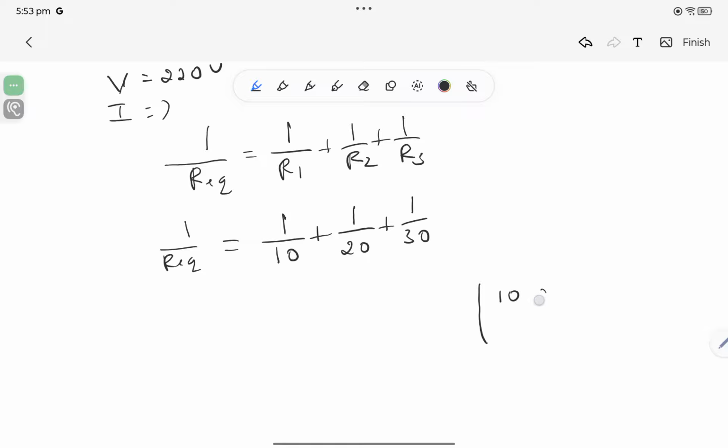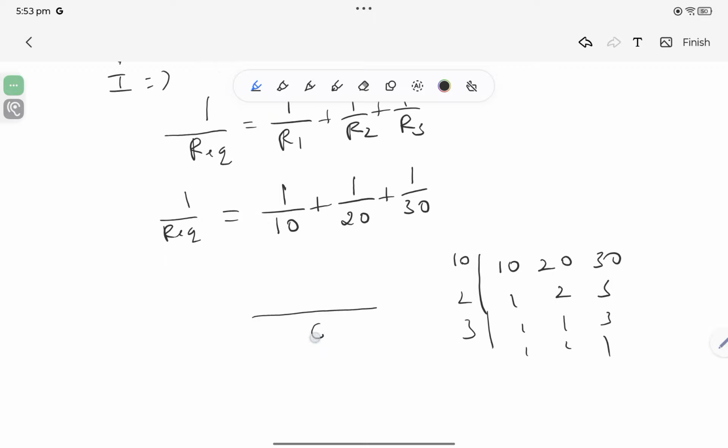Of 10, 20, 30, the LCM is 60. 10 sixes are 60, 20 threes are 60, 30 twos are 60.